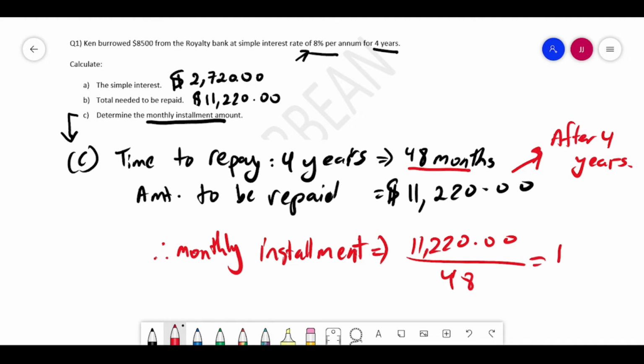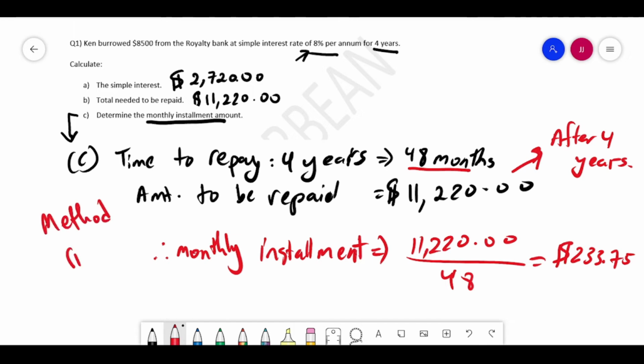When you put it in the calculator, this will be $233.75. So the monthly installment will be $233.75. To go over this, the amount of time needed to be repaid is 4 years. The amount needed to be repaid was $11,220. So therefore, for 1 month, it will be $233.75. But this is one method.